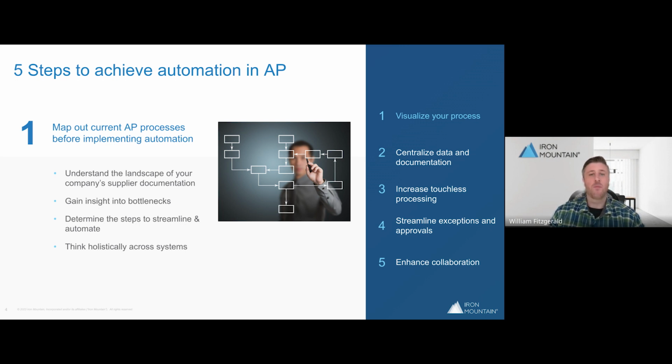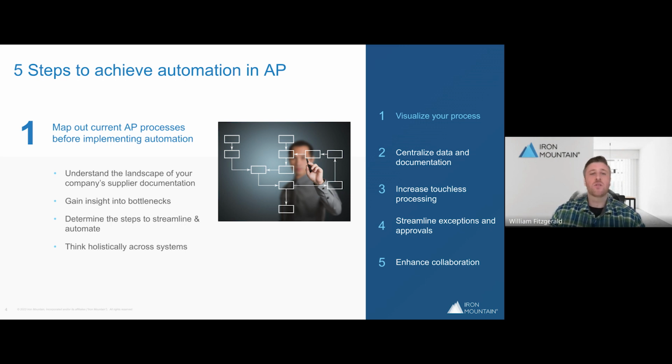You want to determine how many are arriving as a physical copy, how many are being sent to a dedicated email inbox, and how many are being sent electronically. Cataloging your company's purchase order versus non-purchase order backed invoices is also a critical component to mapping out your current processes.